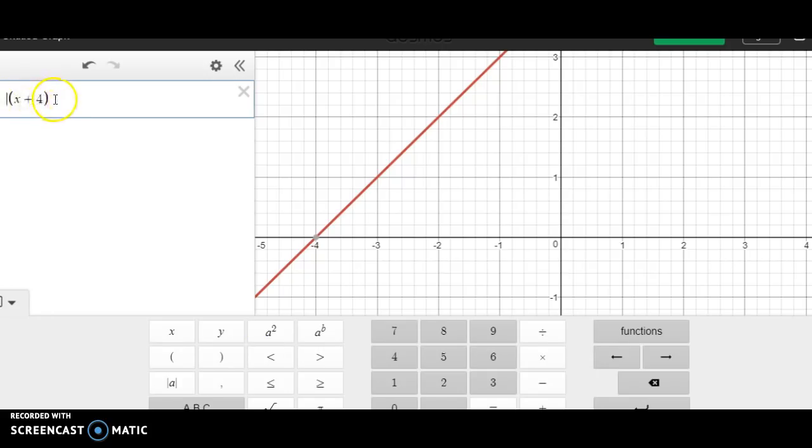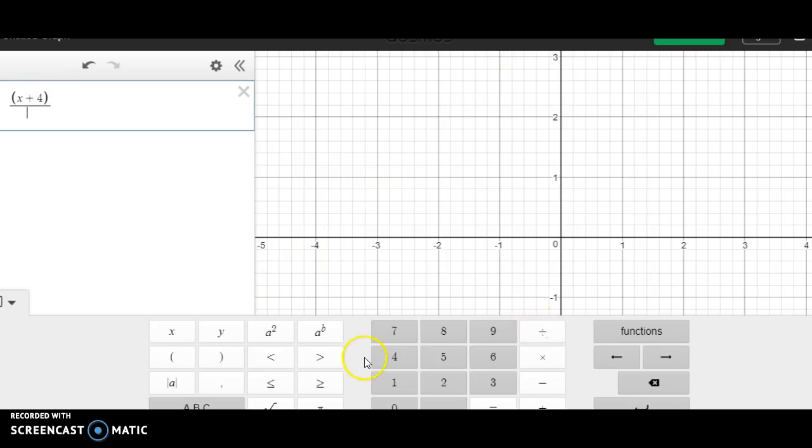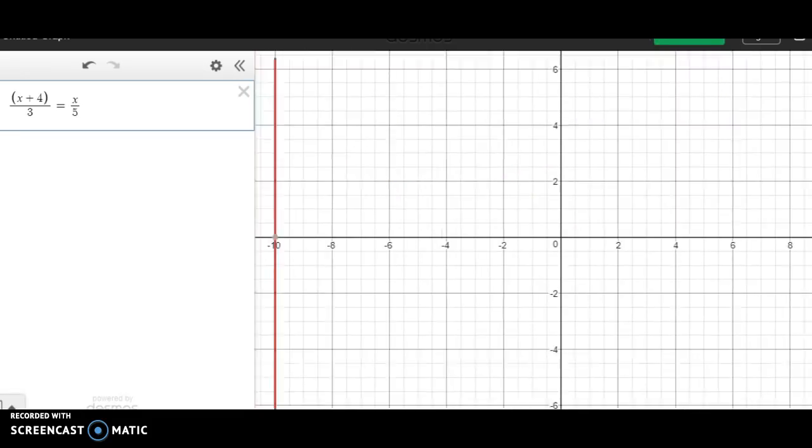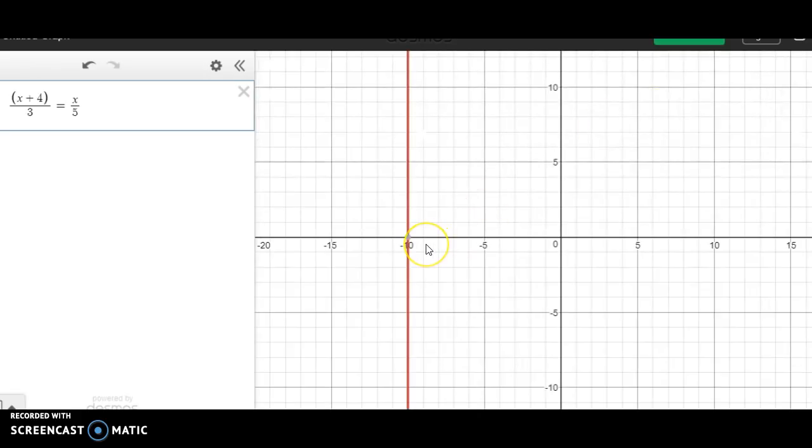Okay, so x plus 4 divided by 3 equals x divided by 5. And we had negative 10. Well, if you look at my screen, I don't see anything. So let's zoom out. And there's my answer, negative 10.